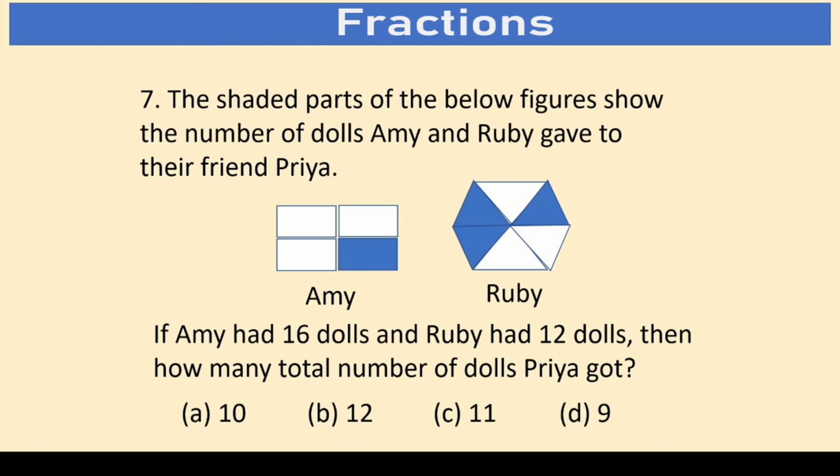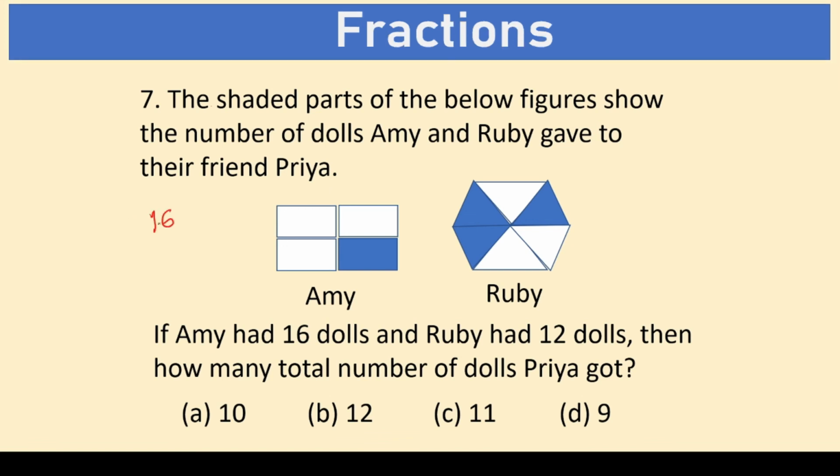Next question. The shaded parts of the below figure show the number of dolls Amy and Ruby gave to their friend Priya. Amy had 16 dolls, so this is 16, and Ruby had 12 dolls. Then how many total dolls did Priya get? So now to find out how many dolls Amy gave to Priya, we need to count the number of portions.